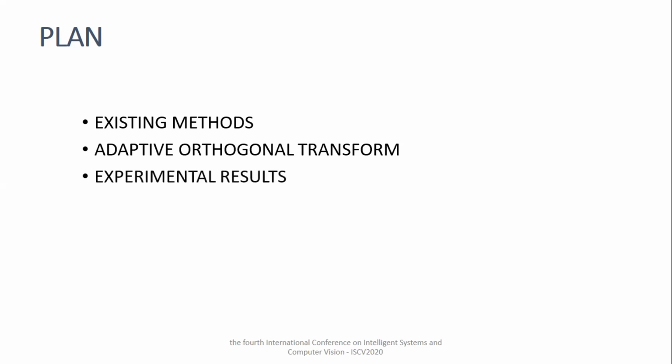First, I will present the existing methods: principal component analysis, empirical mode decomposition, and discrete wavelet transform. Then I will detail the new approach of orthogonal operators. After that, I will present the comparison results obtained between the existing methods and the new approach. And finally, I will conclude the presentation.